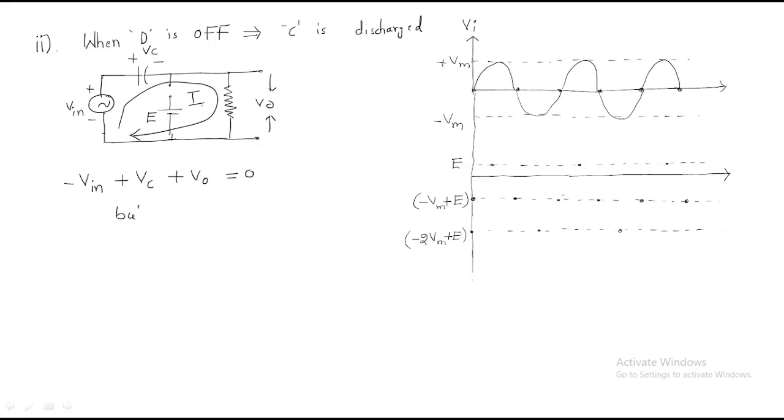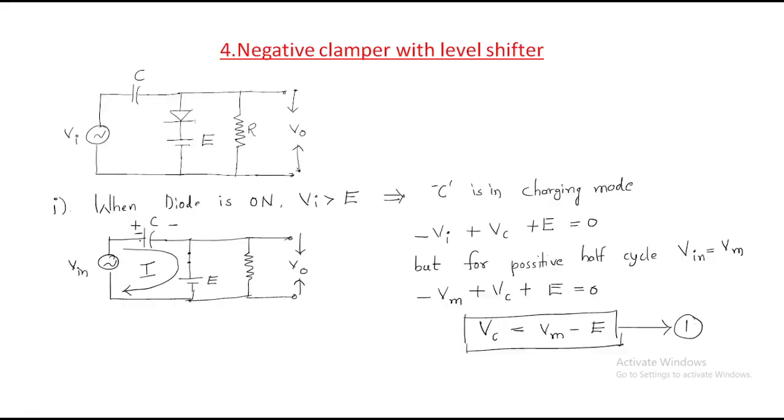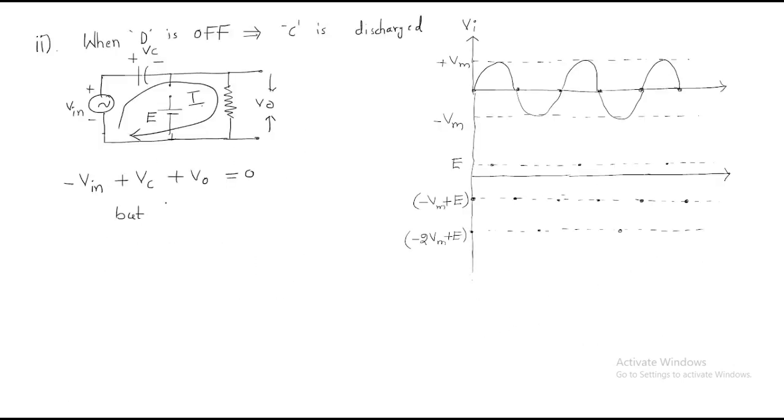But in the previous case we already found VC equals VM minus E, from equation 1. Just substitute the VC value: minus V input plus VM minus E plus V0 equals 0.